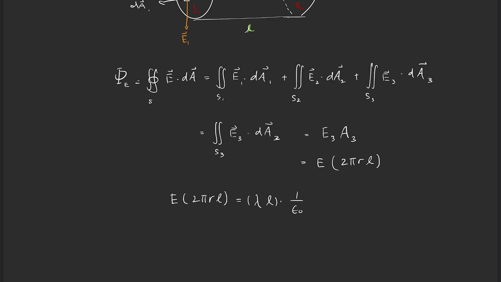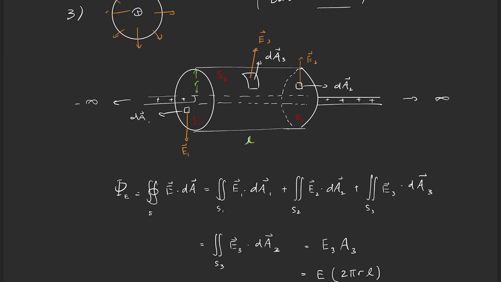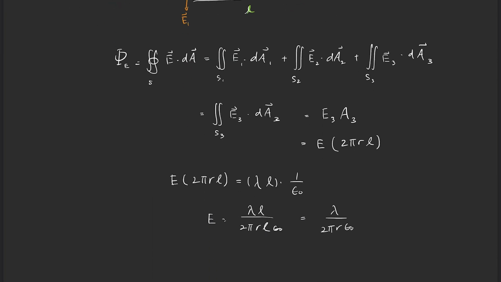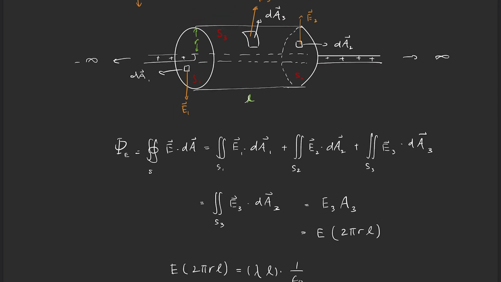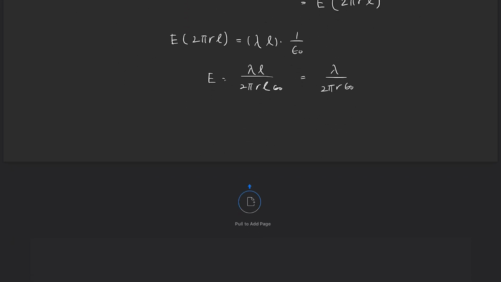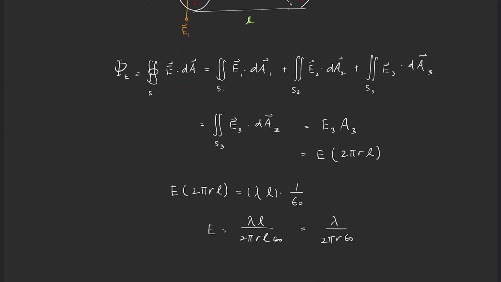Rearranging, we see that this is the electric field, and if we cancel r, we get lambda over 2 pi r epsilon naught. So that is the total electric field, not flux, because we solved for the magnitude of the electric field caused by this infinitely long rod with our uniform charge distribution. That's an example of how you can use our steps above to calculate Gauss's law problems.